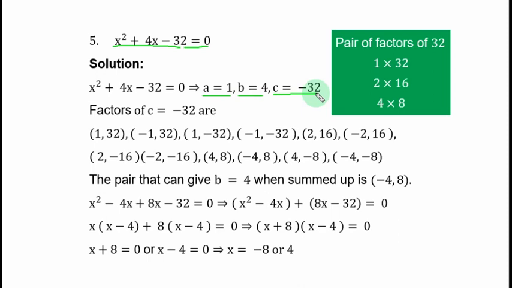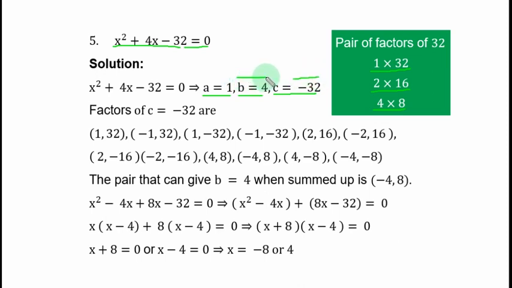So let's get the pairs of factors of 32. The first pair is 1 times 32, the second pair 2 times 16, the third pair 4 times 8. So we arrange these pairs by attaching negative and positive signs to see the pair whose product is minus 32 and whose sum is 4.